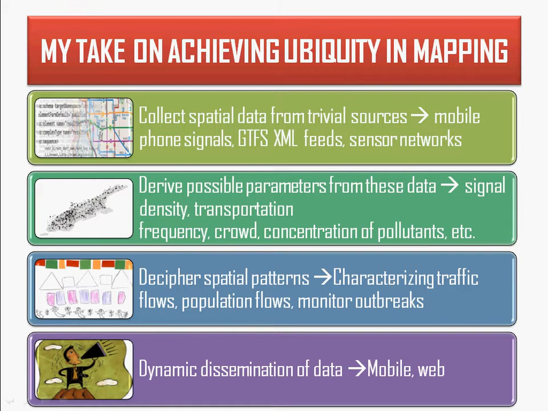This can lead to interesting phenomena such as characterizing traffic flows, population flows, monitoring disease outbreaks, etc. And finally, the ultimate utility of such information can be realized by dynamic dissemination of data through mobile and web.